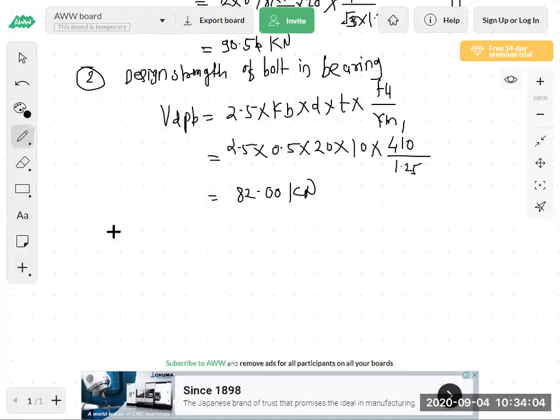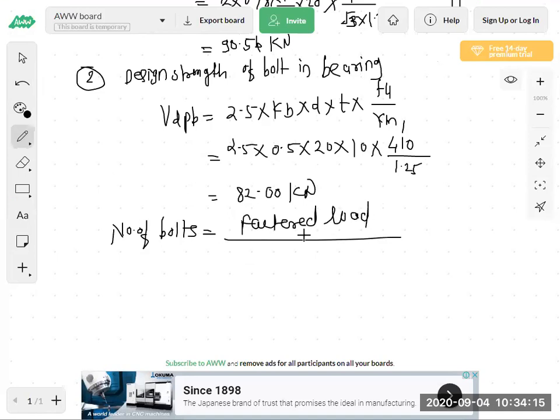Now calculate the number of bolts. So number of bolts is equal to factored load divided by design strength of bolt. So design strength of bolt is the minimum of these two. Okay, so factored load is 300, divided by design strength, which is the minimum of these two.